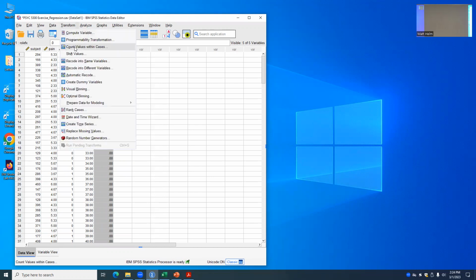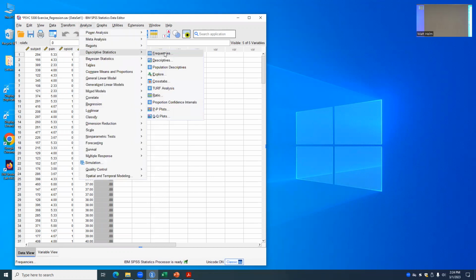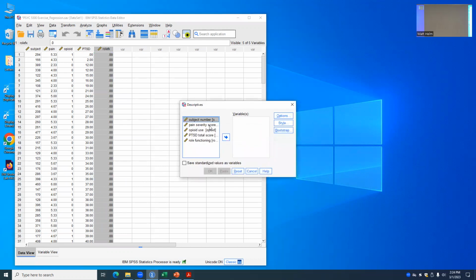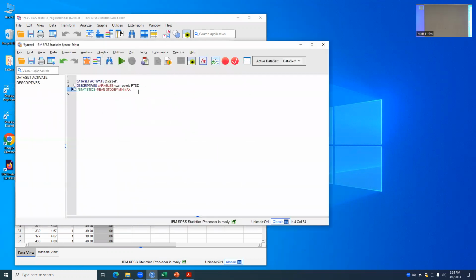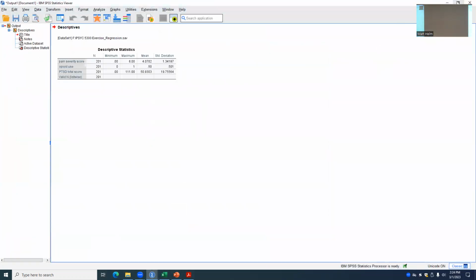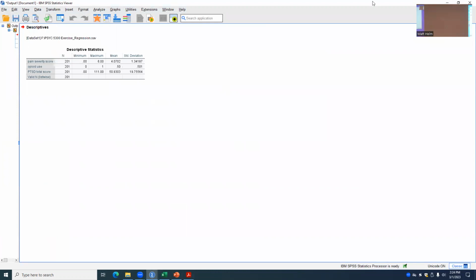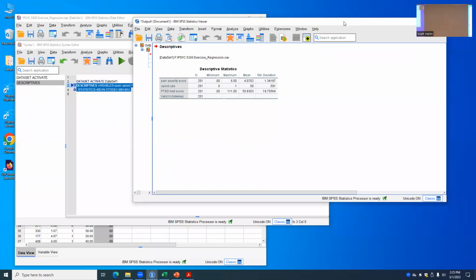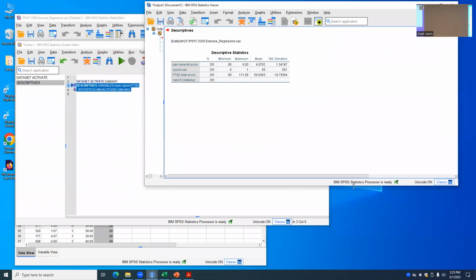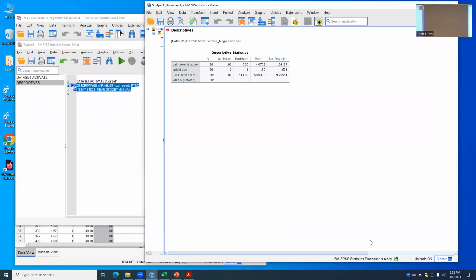So I'm going to go through analyze descriptives, and we're going to look at pain, opiate use, and PTSD. Okay. To run that. Do we center our outcome variable? Nope, don't need to center our outcome variable. That's not necessary. If we're running a standardized solution, do we create z-scores of our outcome?